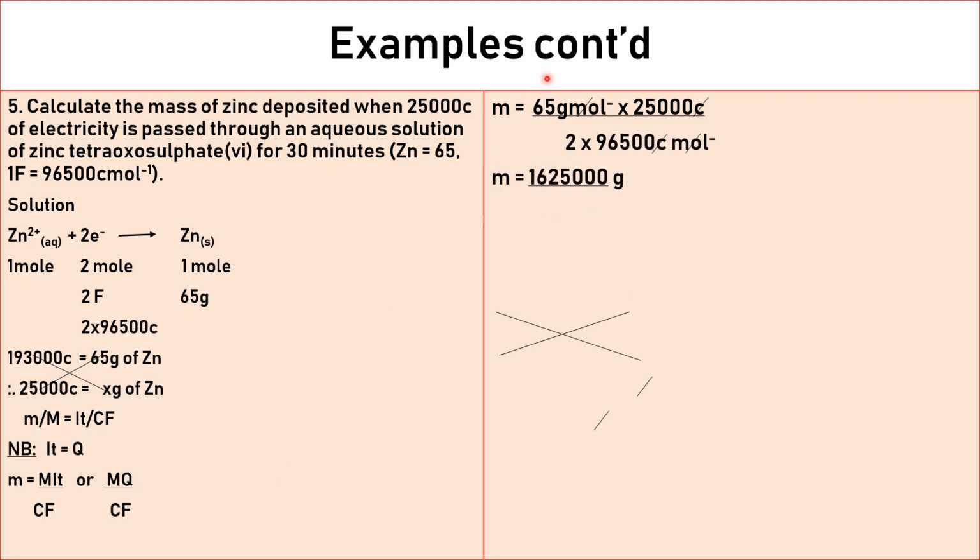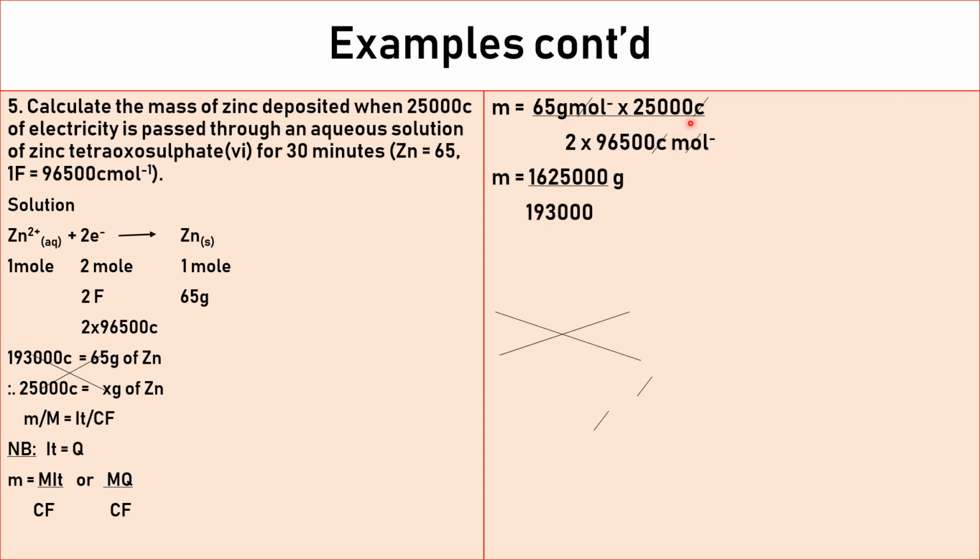Let's see, mass. We have the atomic mass, or relative atomic mass, of zinc to be 65 gram per mole, and the new quantity of electricity is 25,000 coulomb. We have the charge to be 2 and Faraday is 96,500 coulomb per mole.